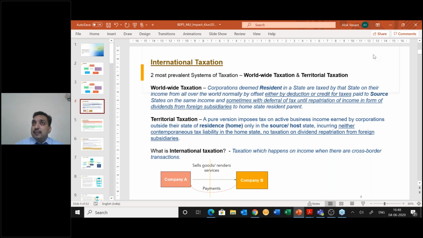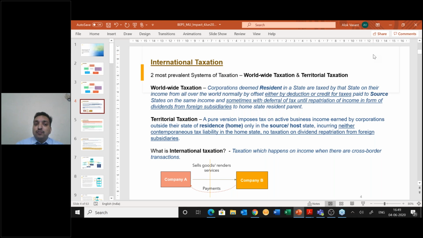In this case, obviously, because each country is taxing income which is generated in its own territory, there is no question of giving a credit of taxes. And in this form of taxation, there is no taxation on dividend repatriation also.